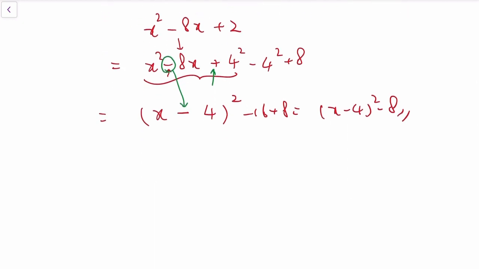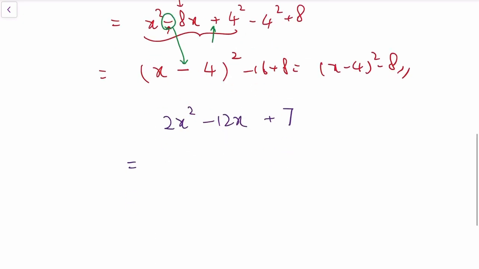Again, completing the square actually gets harder when you have a number in front of the x squared. If there is a number in front of the x squared, you will have to factor out the number first. Now usually we'll ignore the last number, so we'll only factor out the 2 from the first 2 terms.